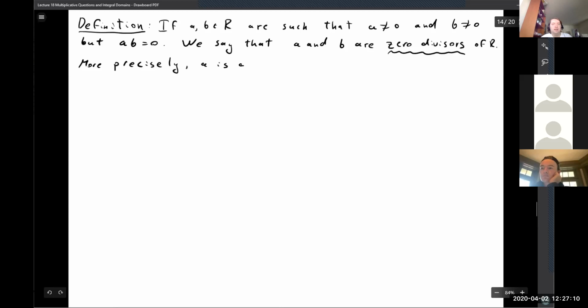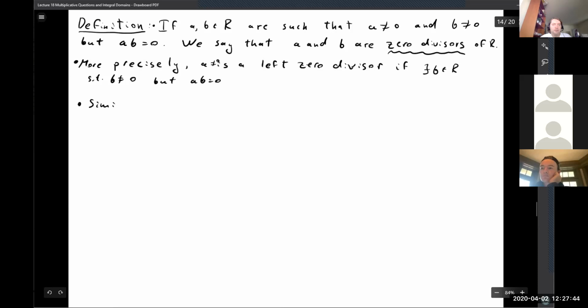More precisely, a is a left 0 divisor if there exists b in R such that b is not equal to 0, but ab equals 0.